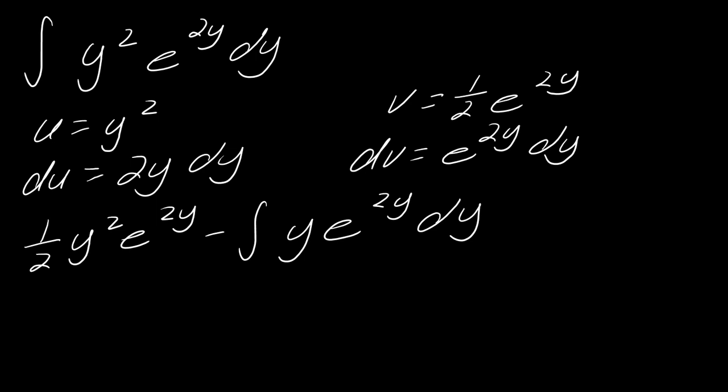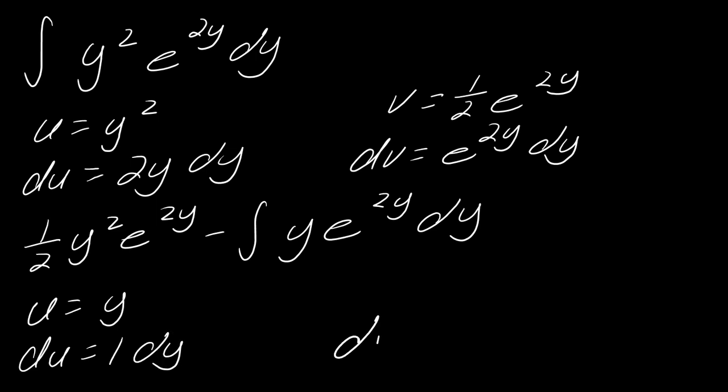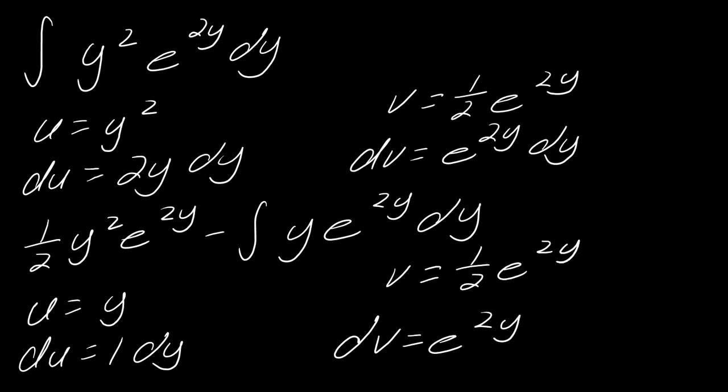So now I can do my u is equal to y, my du is equal to 1 dy, my dv is equal to e to the 2y dy, and my v is equal to 1 over 2 e to the 2y. Oops, and I forgot my dy there. Okay, so making progress, right? So let's keep going with this. I'll clear a little bit of space.